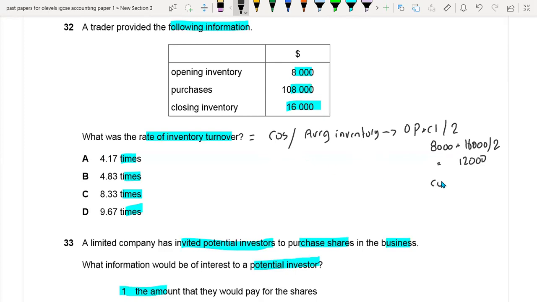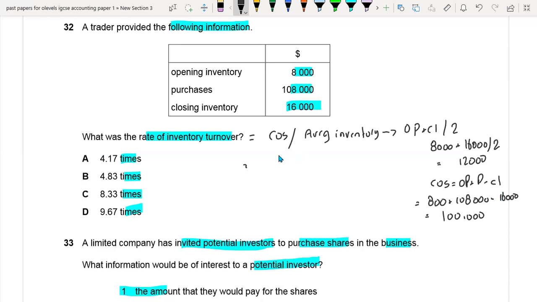Now let's find out the cost of sales. Cost of sales is very simple: opening inventory plus purchases minus closing inventory. So opening inventory is 8,000 plus purchases is 108,000 minus 16,000. So we have the answer, which is 100,000. This is the cost of sales.